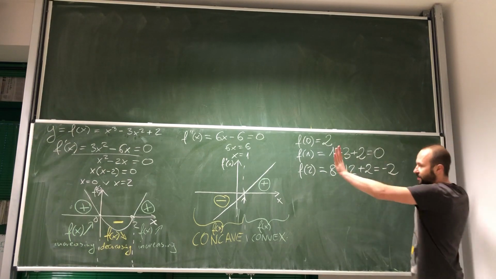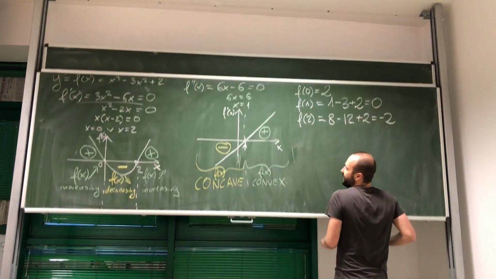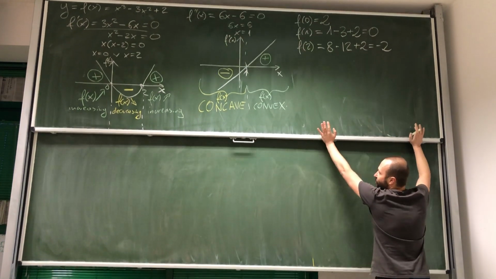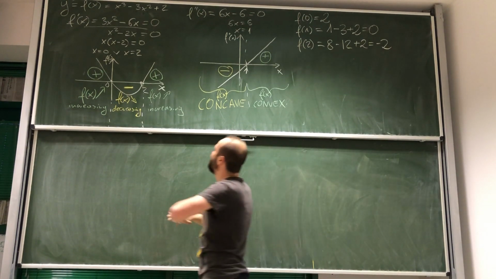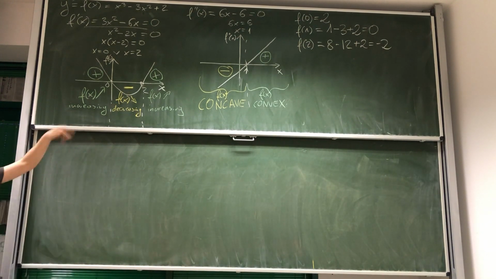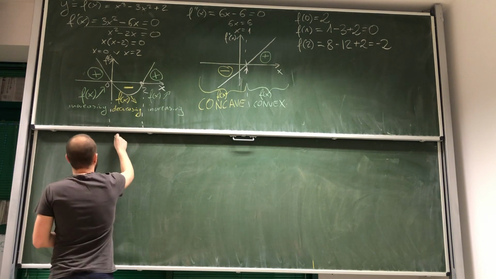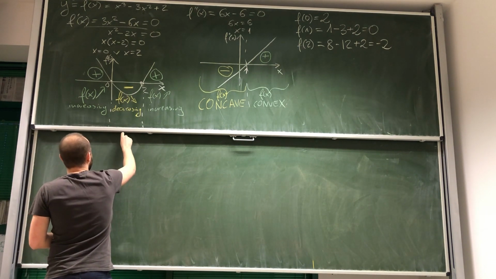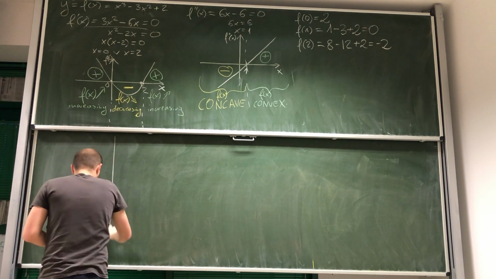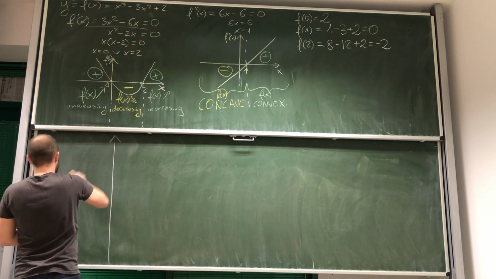Okay, and all this information that we've got over here will allow us to draw a beautiful graph of this function. Okay, but look, we're going to do it very, very slowly because we're doing it for the first time.